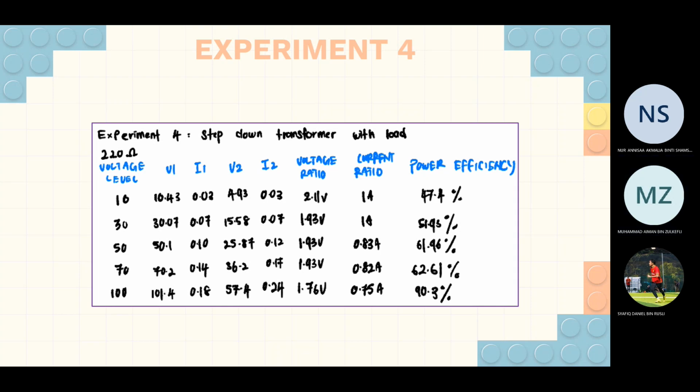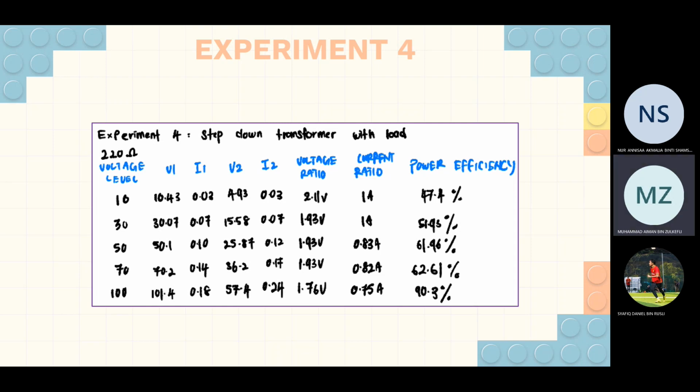61.96. For the 70, V1 we get 70.2, I1 0.14, V2 36.2, I2 0.17, voltage ratio 1.93, current ratio 0.82, power efficiency 62.61%.